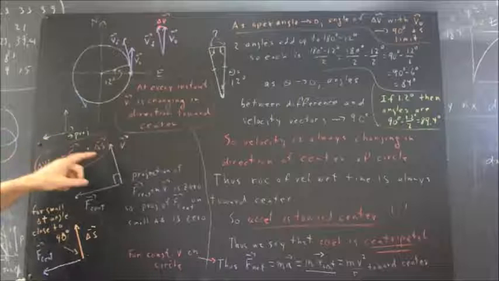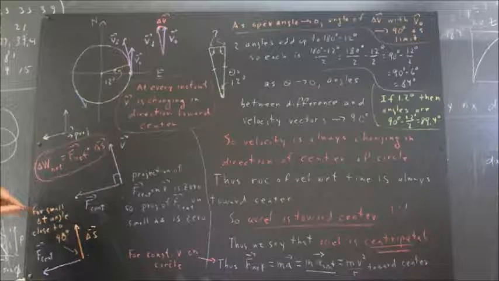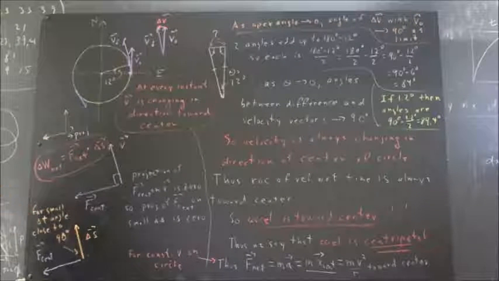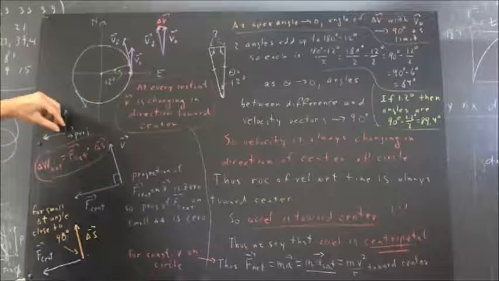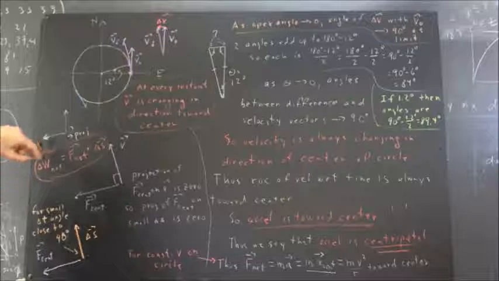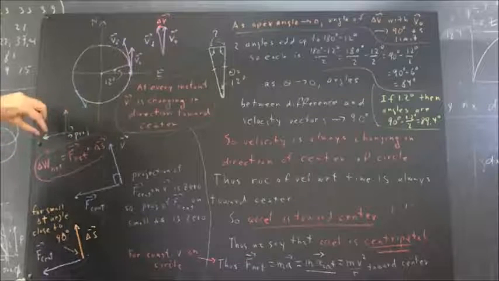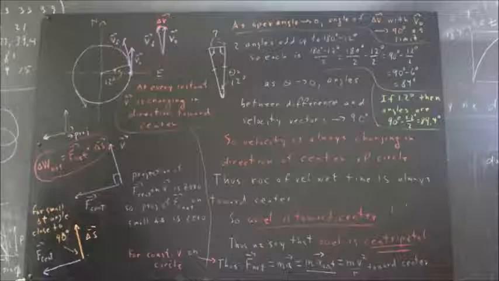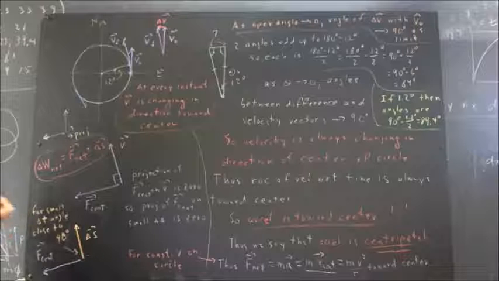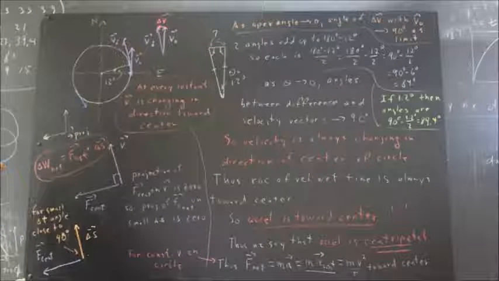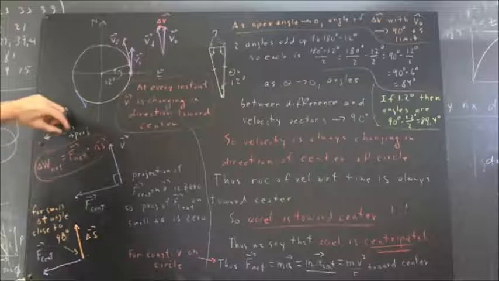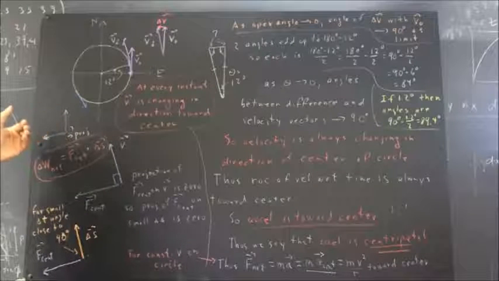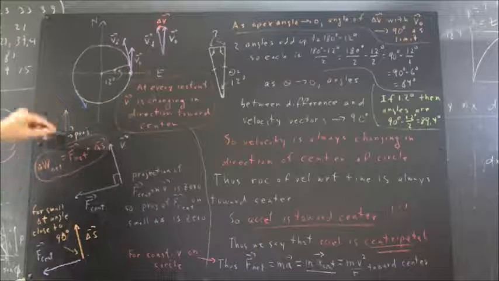If delta t is not quite zero but very close to zero, then the projection is going to be not quite zero but very close to zero, so the dot product is going to be almost zero. If we let delta t approach 0, then the projection is going to approach 0 because the angle is going to approach 90 degrees.